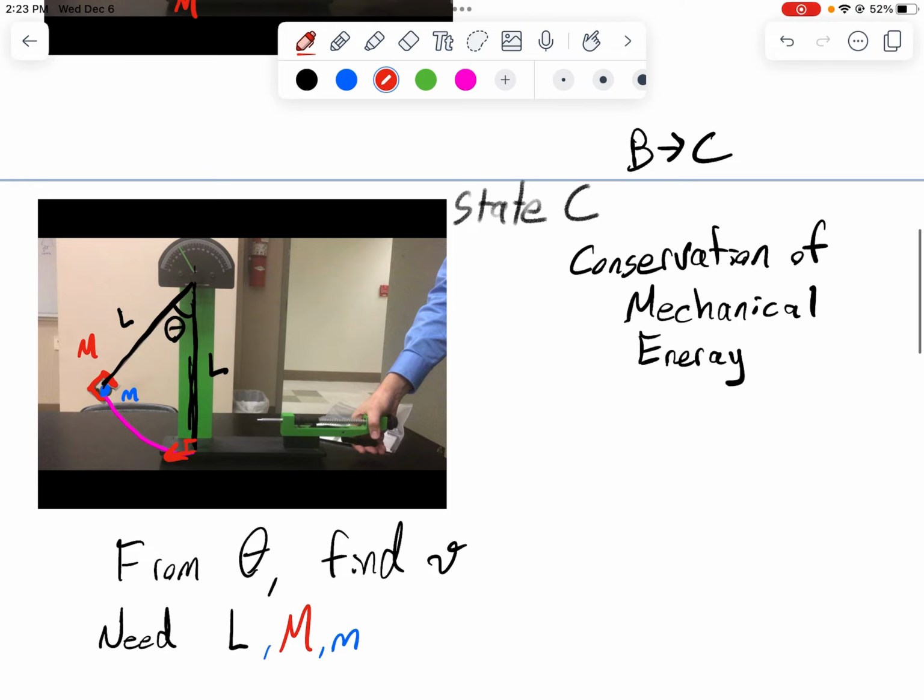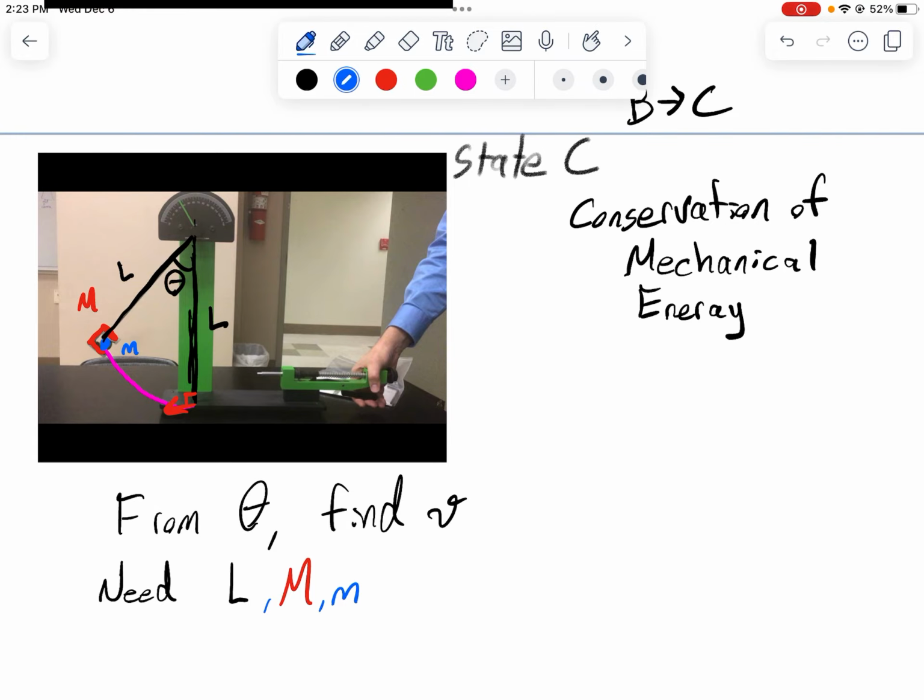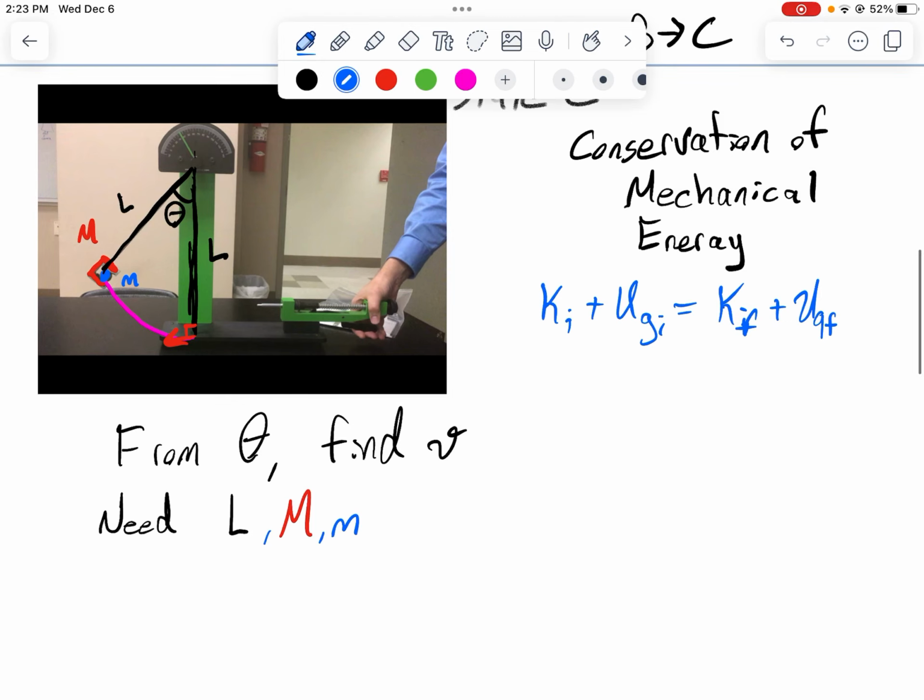So let's go ahead and look at the next one, conservation of mechanical energy. That means that the final and initial energies have to be equal to each other. That is to say that the sum of the gravitational and kinetic has to be equal in the initial and final state.